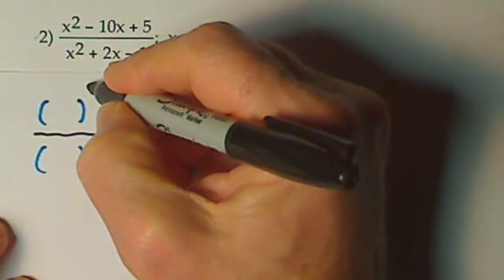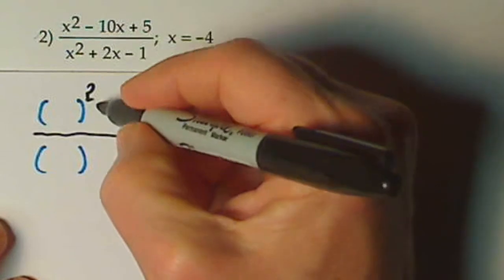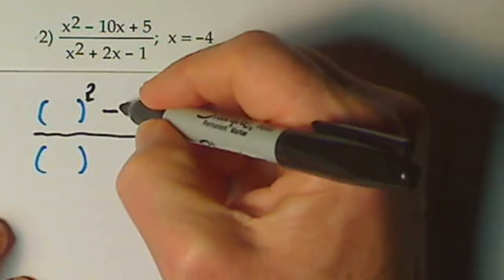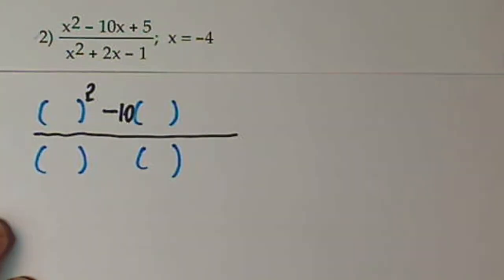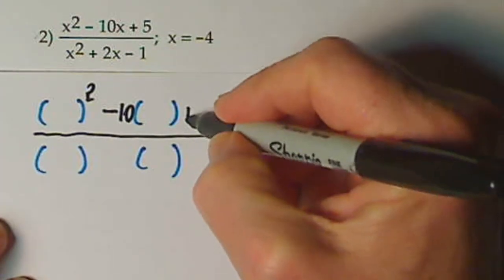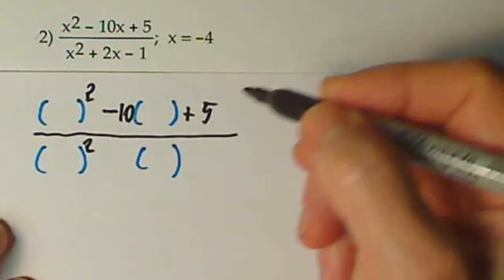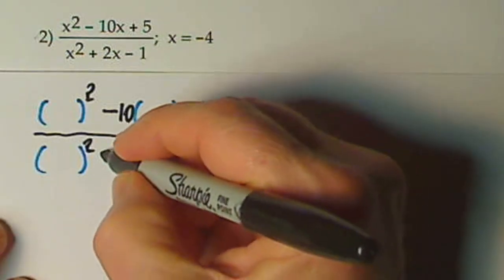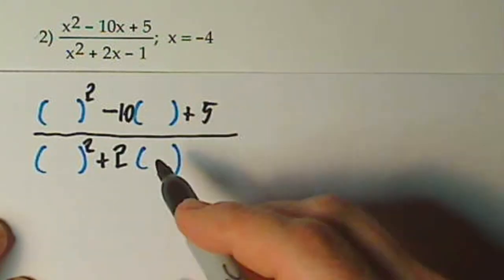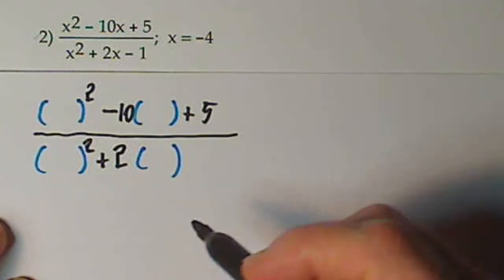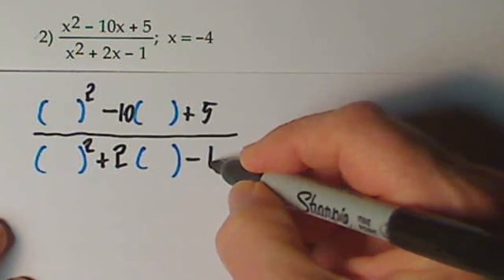This parentheses will have to be squared. This minus sign, we've got a 10 in front. Plus 5, and then that'll be squared. We have plus 2x. So plus 2, the x is again in those parentheses, and we have -1.